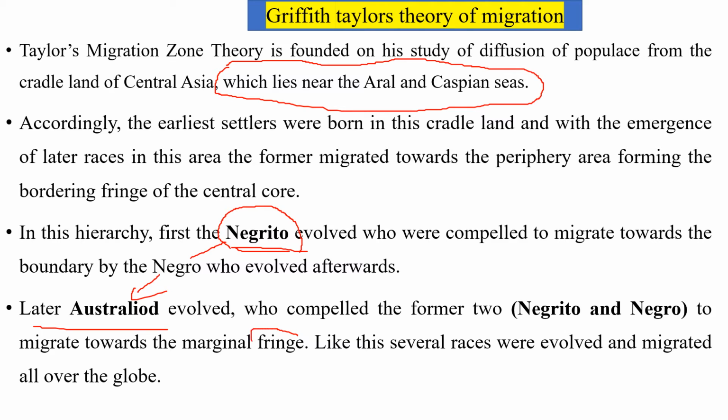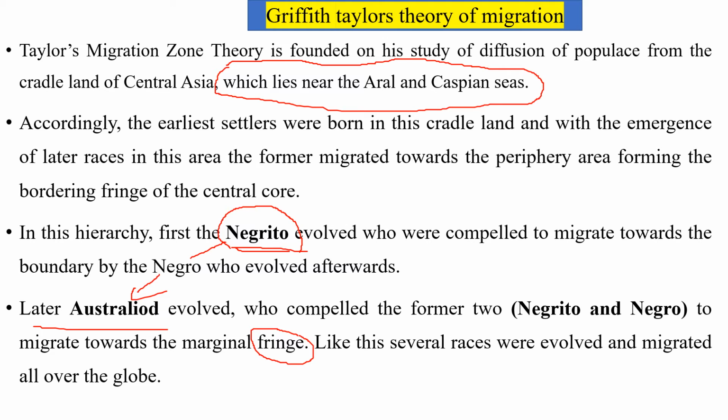What is a fringe? Fringe means the area where you can find the same types of characteristics, like an urban fringe. Such a fringe is observed in the Australoids, who look like the Negrito and Negro. So they are regarded as the marginal fringe between these two.